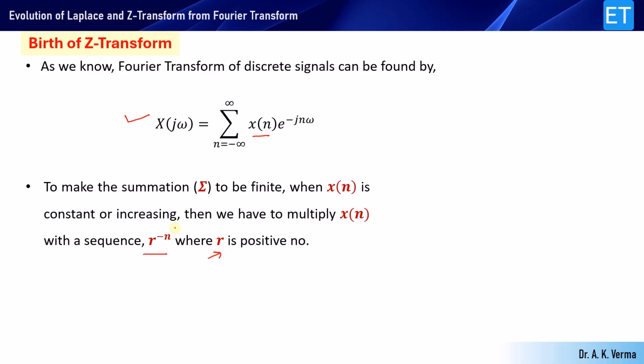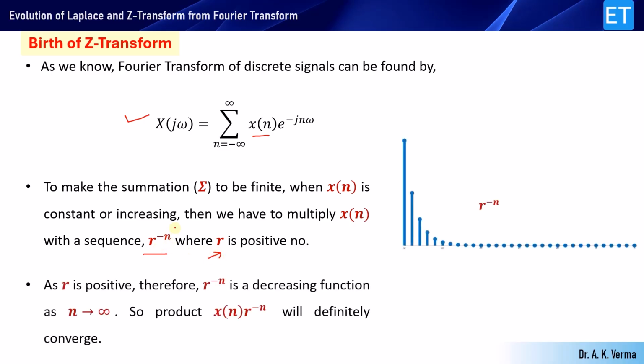So r power minus n is a decreasing function with n, as you can see in this figure. The path is the same as what we followed in the Laplace. In Laplace we multiplied x(t) with e power minus sigma t, where e power minus sigma t is exponentially decreasing. So if x(t) is either constant or increasing with time, the product will definitely decrease.